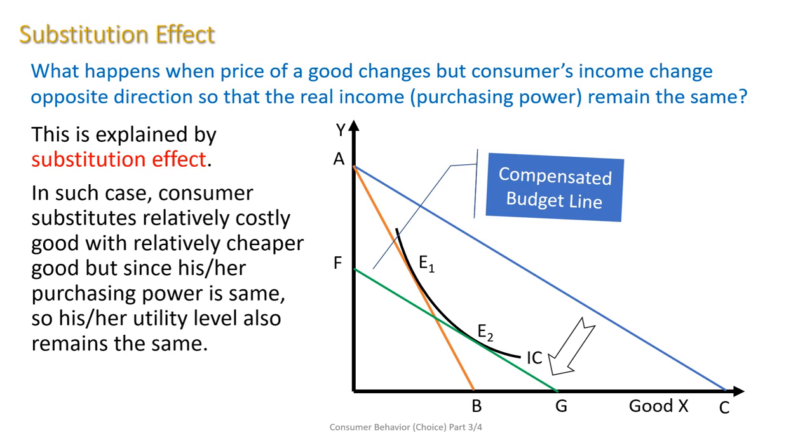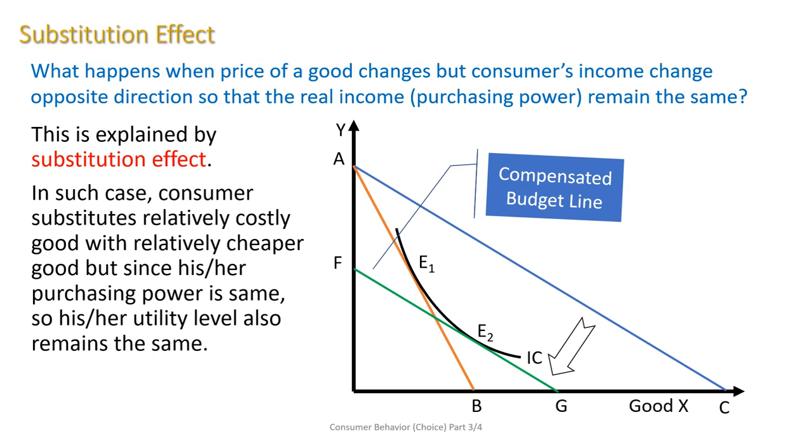Students, keep in mind that this shifting of the budget line so that it becomes tangent to the original indifference curve is J.R. Hicks' idea. There is another group of economists which is led by Slutsky.